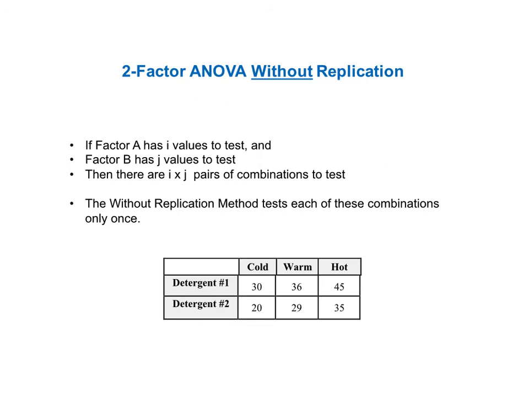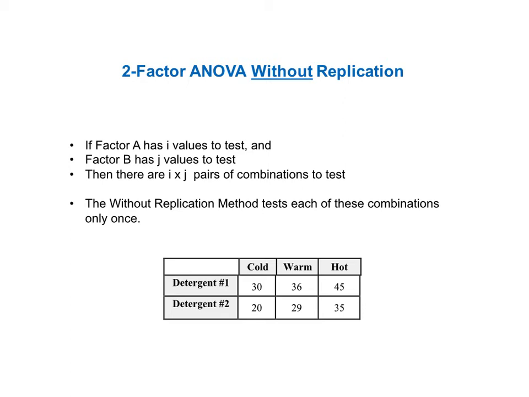If the graph shows no interaction, we can use two-way, also known as two-factor ANOVA, without replication. Our experiments need to measure y variable data only one time for each combination of A and B data. Factor A has I number of values to test, and factor B has J values to test.